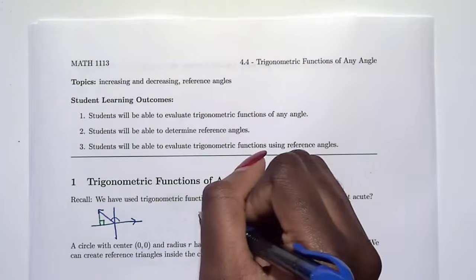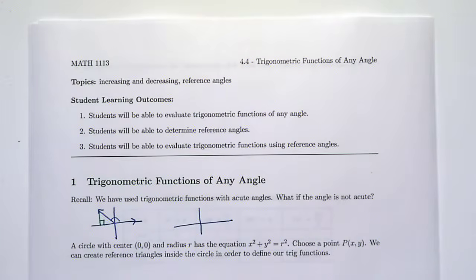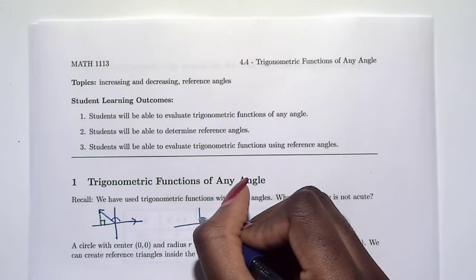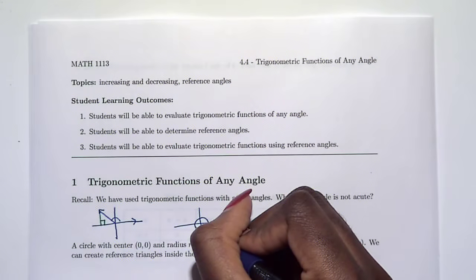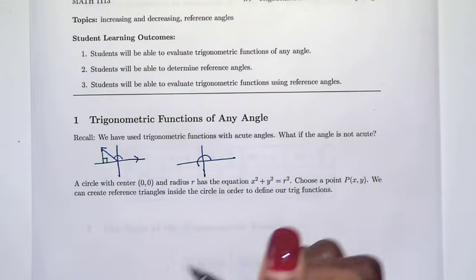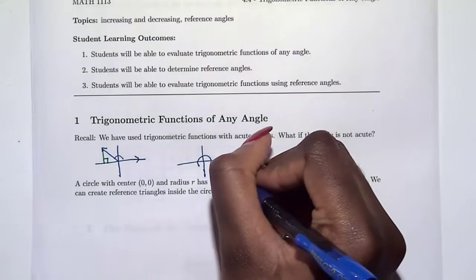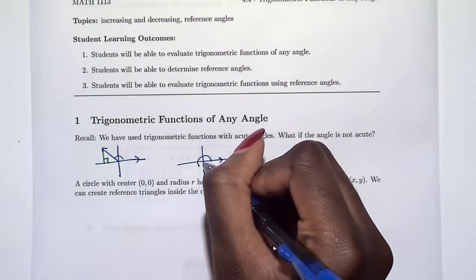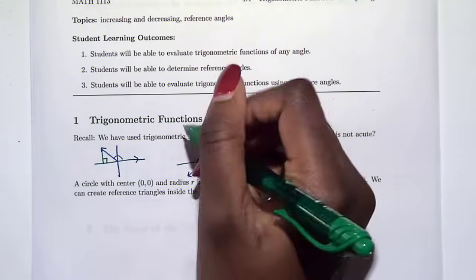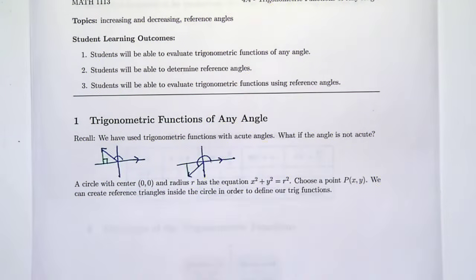Okay, what if we had an even bigger angle, so it opened all the way to somewhere in the third quadrant, something like this? Well, we can still make a right triangle this way.